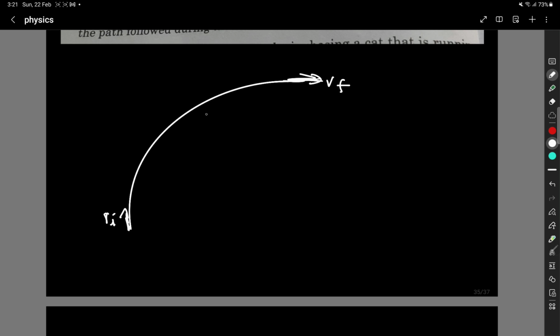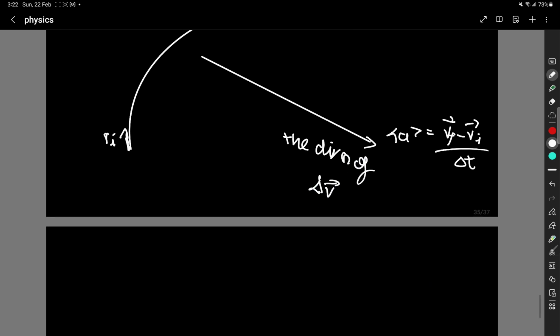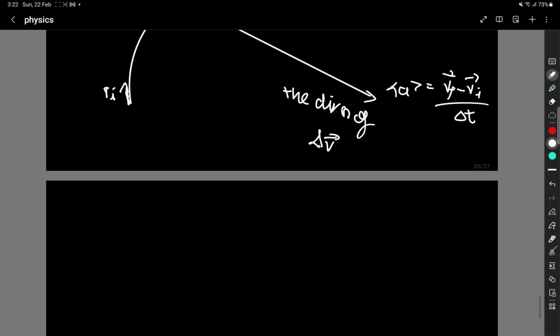So let's say this somehow was the average acceleration, which is equal to V final vector minus V initial vector by delta t. Let this be the direction of the average acceleration and also the direction of change in velocity vector. Velocity vector is important.